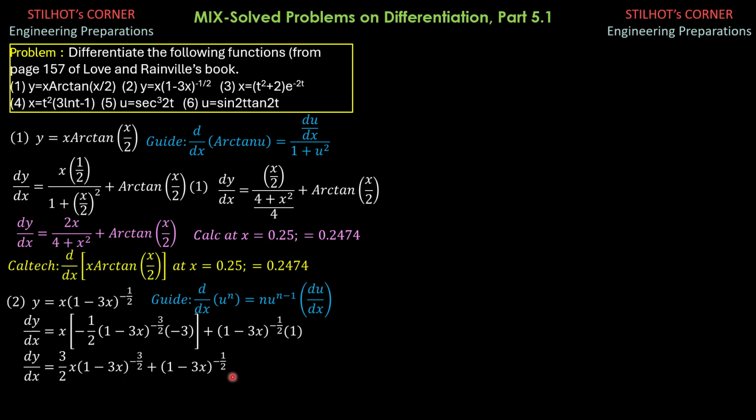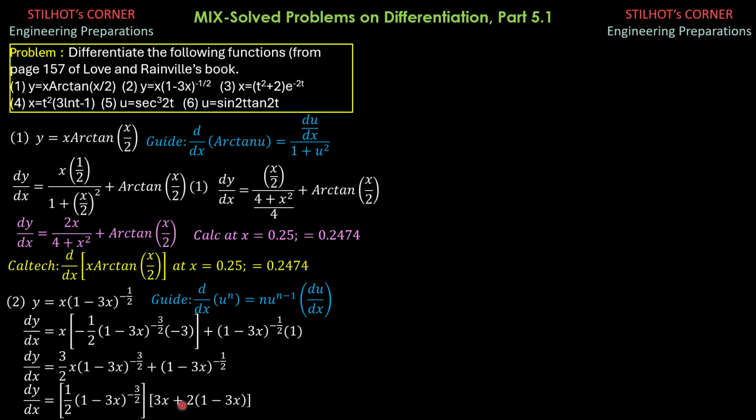So algebraically, the common factor is 1 minus 3x to the negative 3 halves. And let's make 1 half also the common, least common factor. So this is 1 half quantity 1 minus 3x to the negative 3 halves times quantity 3x plus 2 times 1 minus 3x to the positive 1. You can check that algebraically.